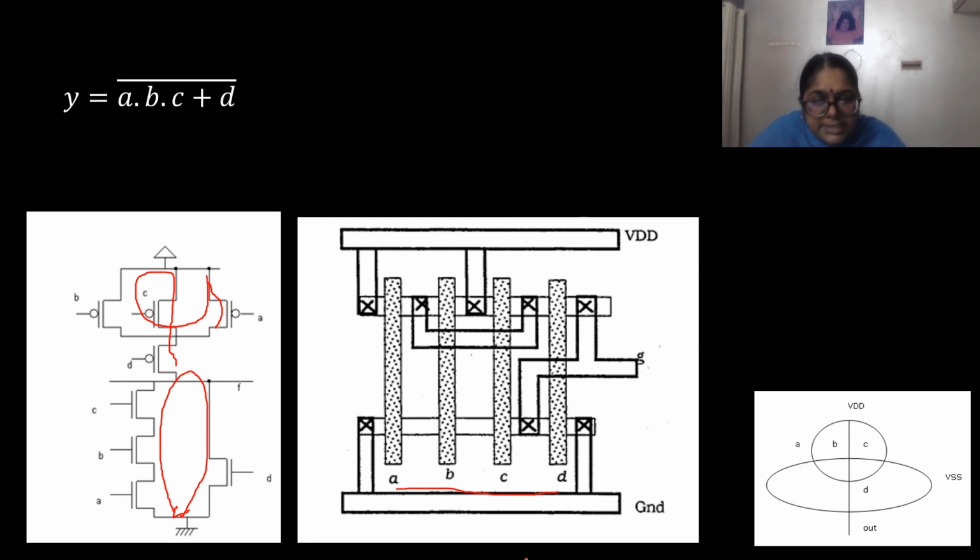Then we will come to know that the same and common N diffusion, P diffusion, similarly common polysilicons can be made use of to make the PMOS and NMOS transistors. And once we know the order of the inputs, then you mark the drain and the source of the transistors, and then accordingly you mark the drain and source on the stick diagram.